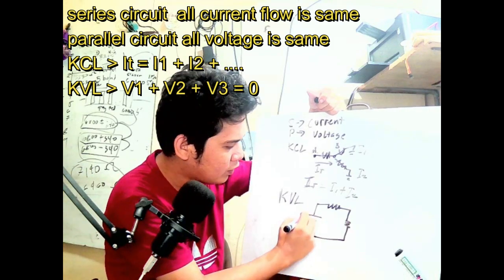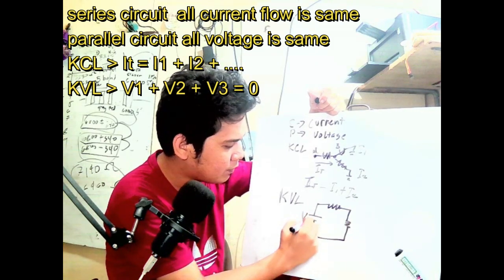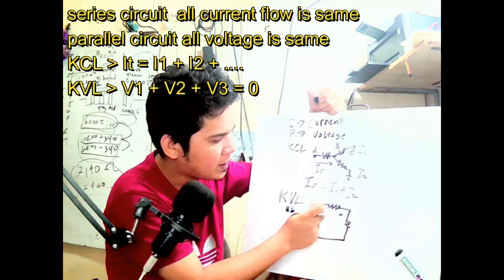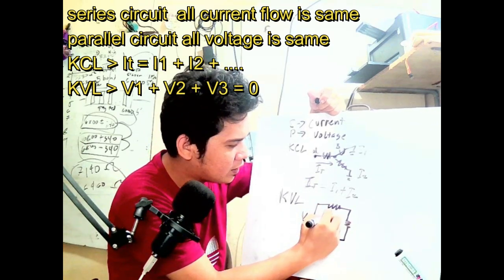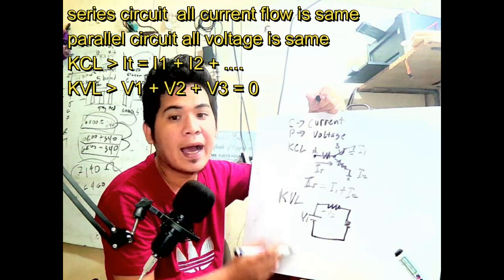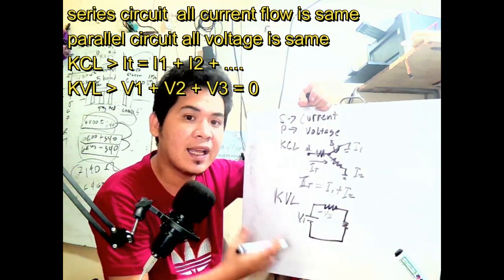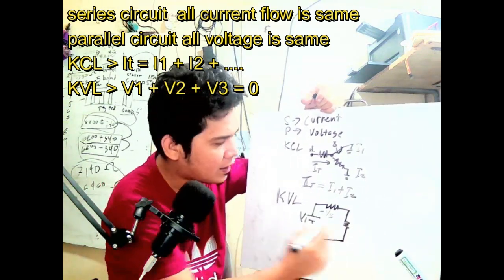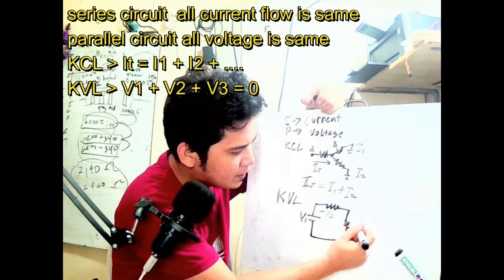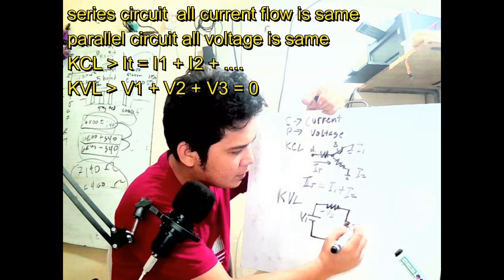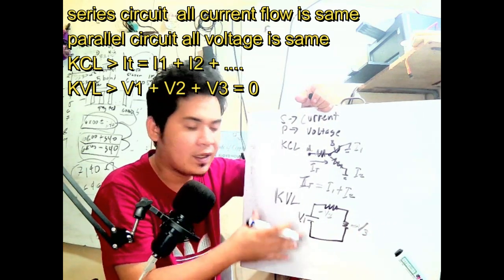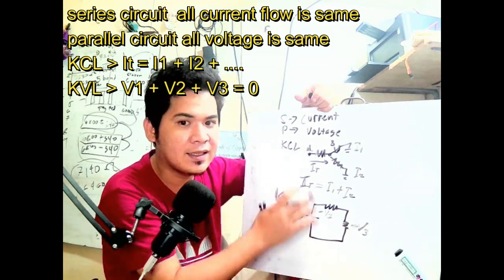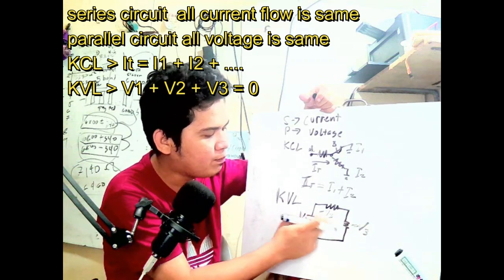So, like for example, this one is V1, yung voltage source. Meron tayong resistor, may voltage drop dito, so I call this negative V2. Bakit negative V2? Kasi nga, voltage drop siya. And we have this negative V3. Okay. So, if we put into mathematics, V1, negative V2, why?